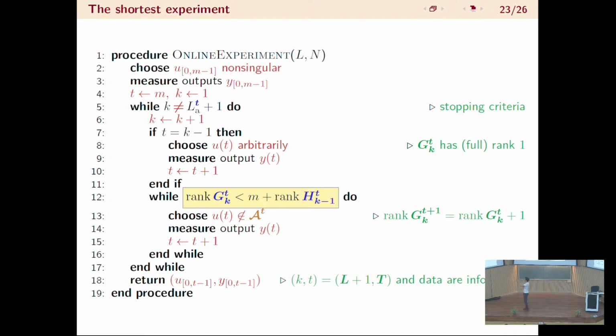So this checks whether indeed k is equal to L_A plus 1 or not. While the stopping criterion is not satisfied, of course, here in this inner while loop, I'm going to increase the rank of my G_k matrix by choosing these inputs to not lie within this affine set, A_t.